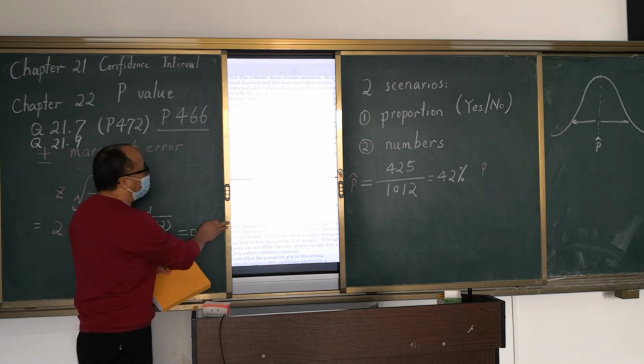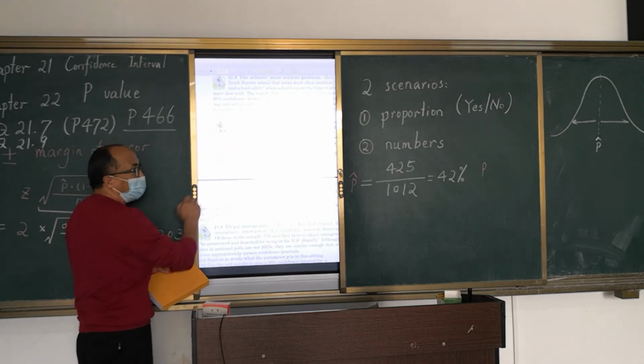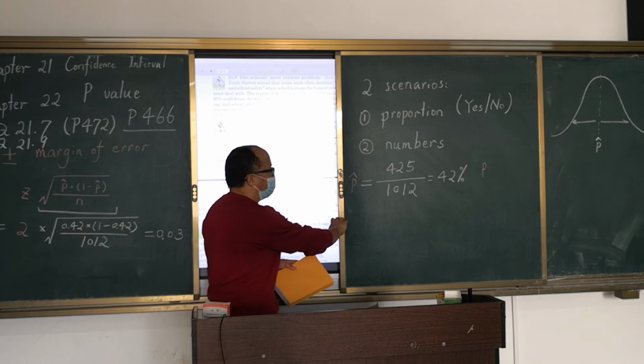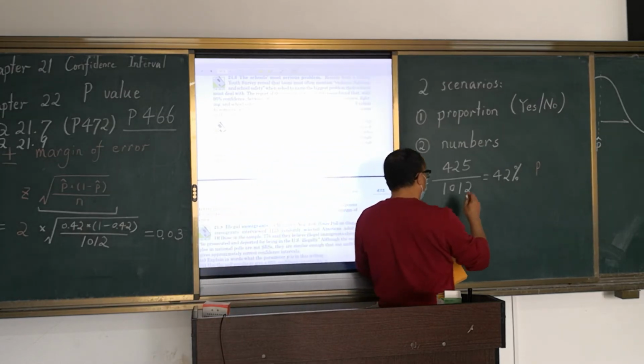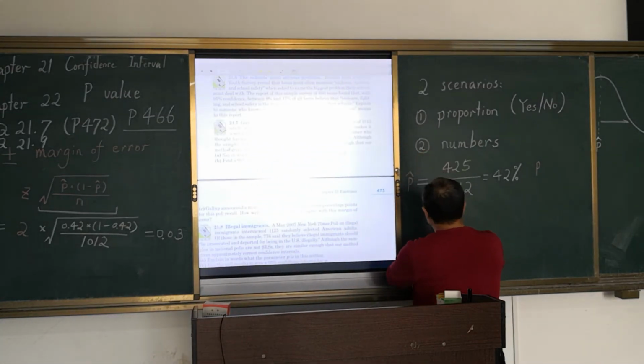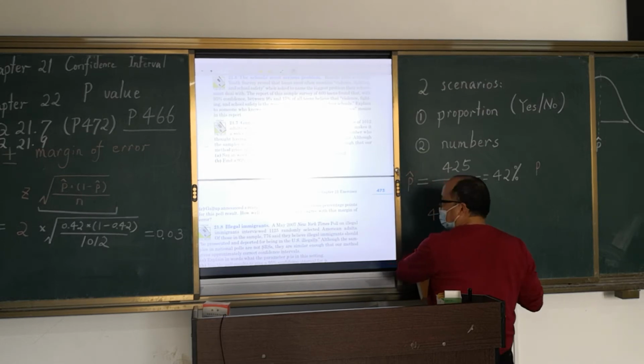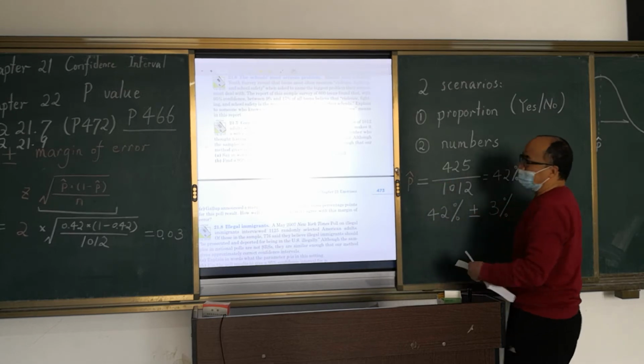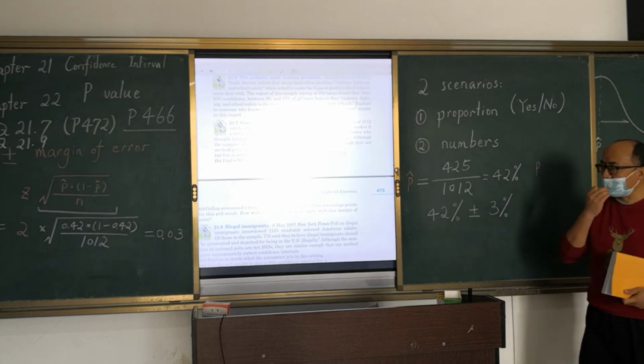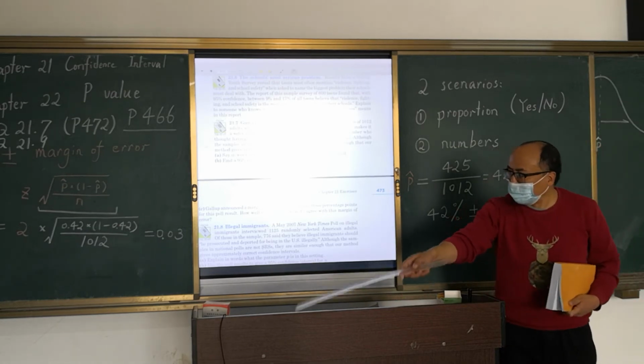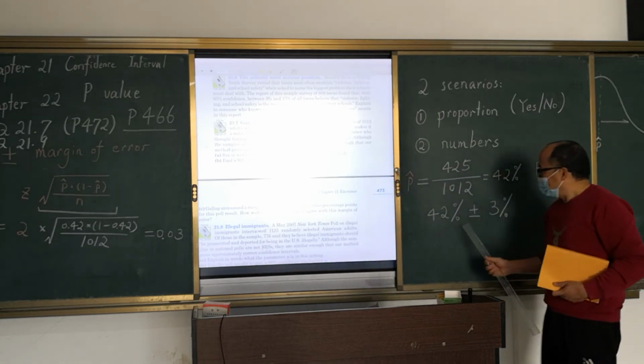So the confidence interval is, what? I'm sorry, we wrote it as 42% plus minus 3%. 0.03 is 3%. Okay?